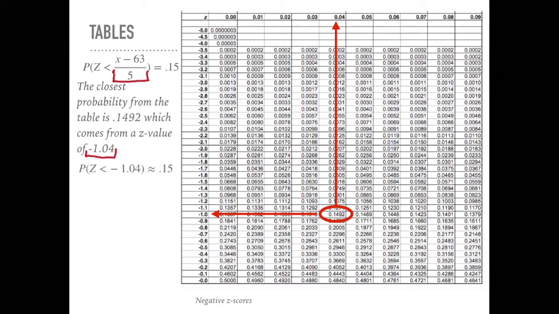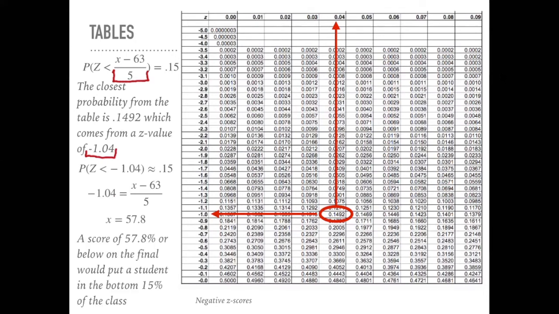So we'd set those equal to each other and we'd solve for X, giving us that X is equal to 57.8. So that means a score of 57.8%, or below that, would put a student in the bottom 15% of the class.